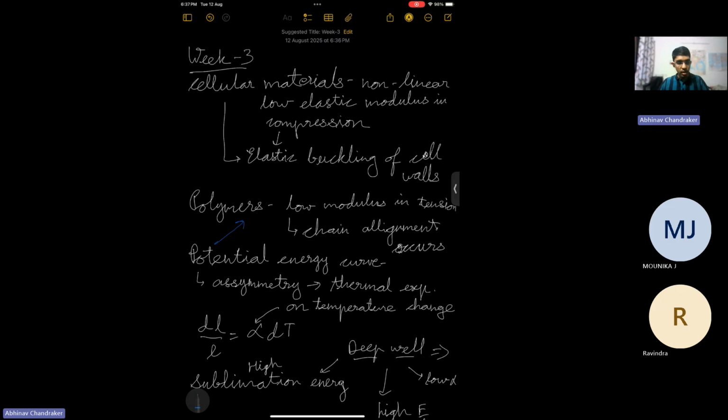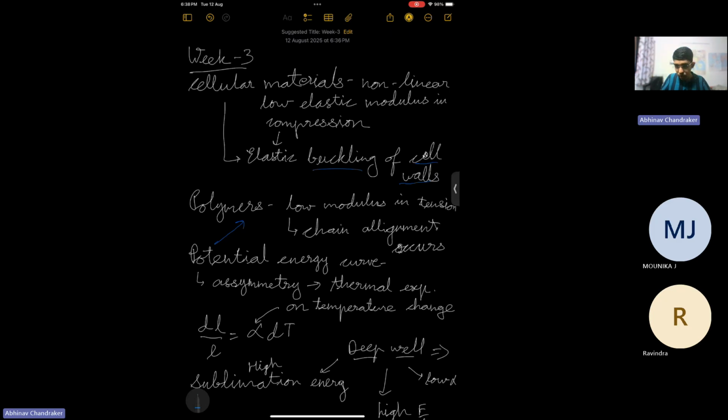So this is a spatial structure of a material, and in these materials we observe that compression shows a non-linear low elasticity property. And here the reason for this low elastic modulus and non-linearity is attributed to the buckling of the cell walls.